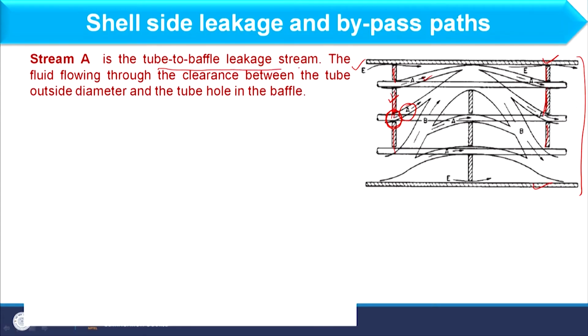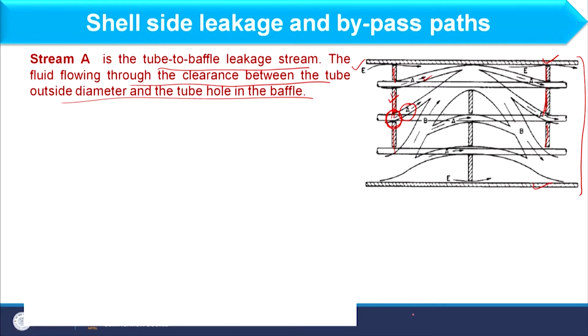So, that gap basically gives this stream, which will not participate much in heat transfer, but it will give pressure drop. So, stream A is the tube to baffle leakage stream, the fluid flowing through the clearance between tube outside diameter and tube hole in the baffle. That part we have already discussed.